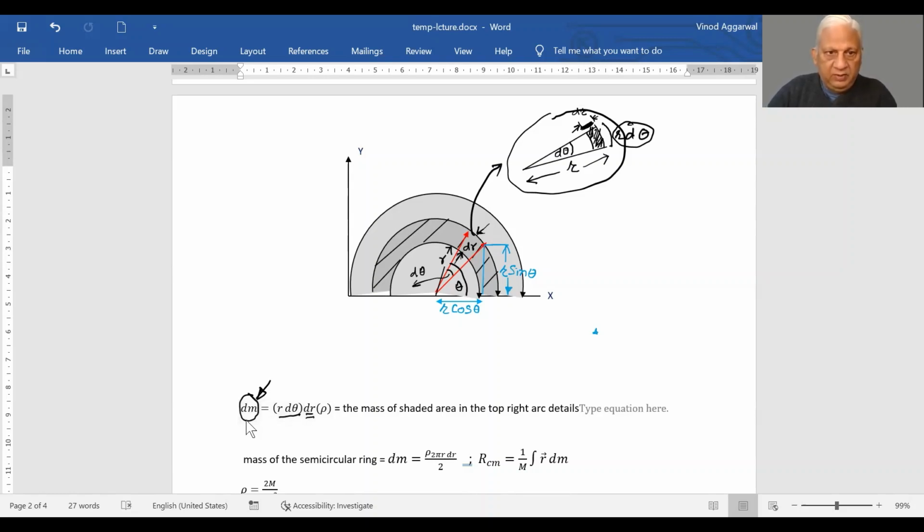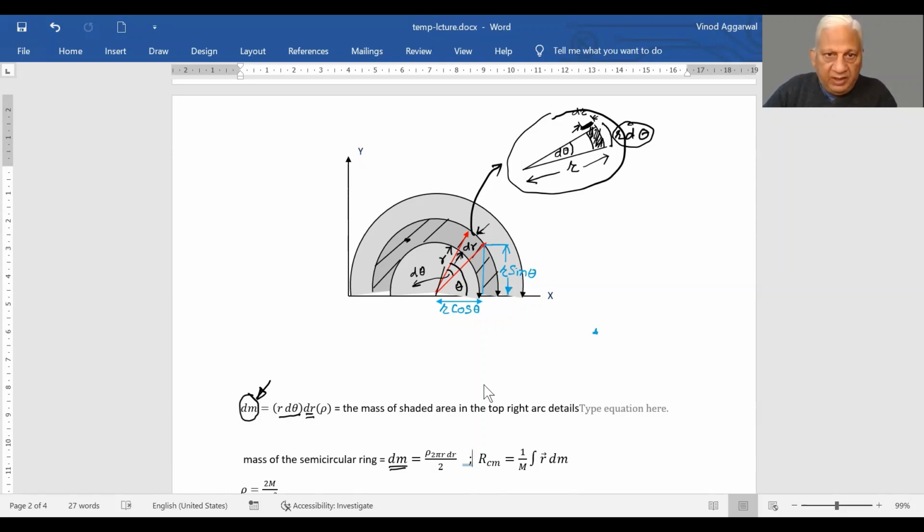Okay, right? Now what we do is we first do the treatment on this ring and then integrate this ring over the complete area. So if we take dm as the mass of this annular ring, what will be the mass of this ring?